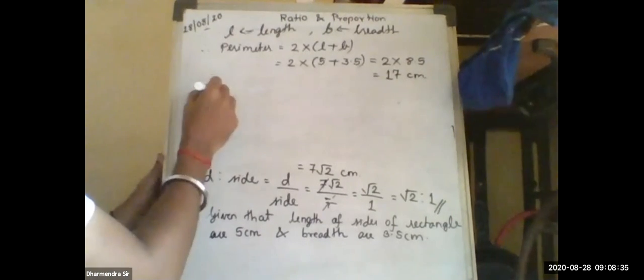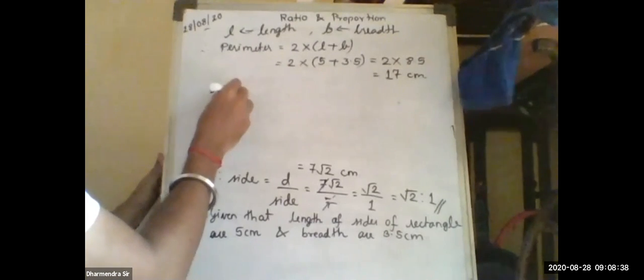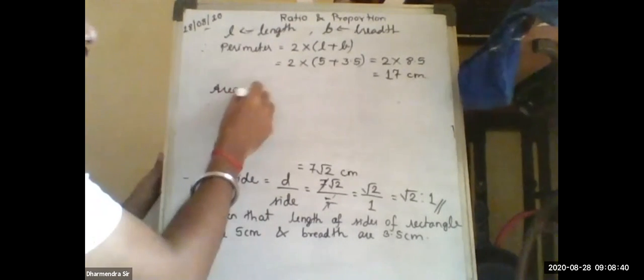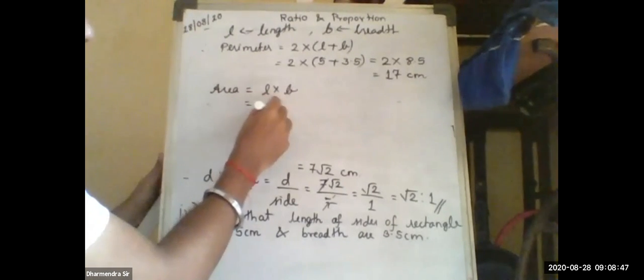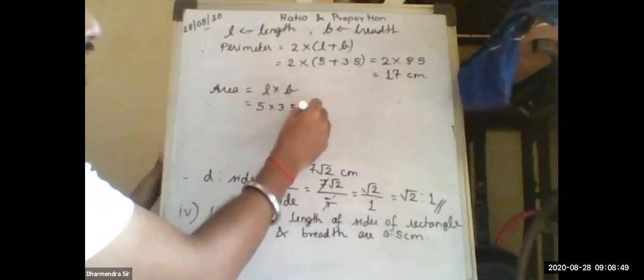And similarly, you can find area. Area is given by length into breadth. That is, length is 5 into 3.5. So, what we will get?